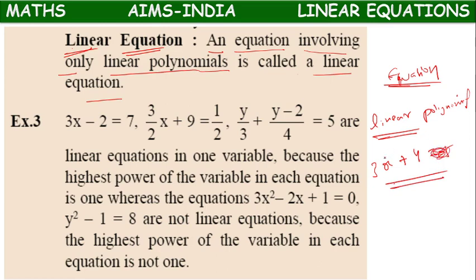Here x to the power 1 is there, and here there is no x, so we can take x to the power 0. Out of these two terms, the highest power is 1.